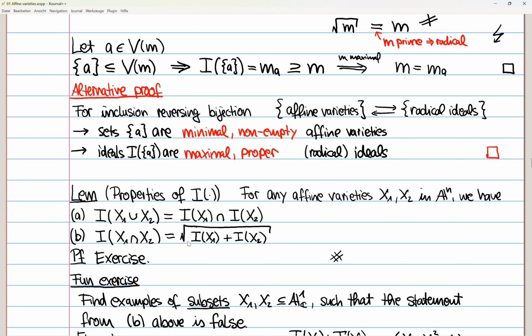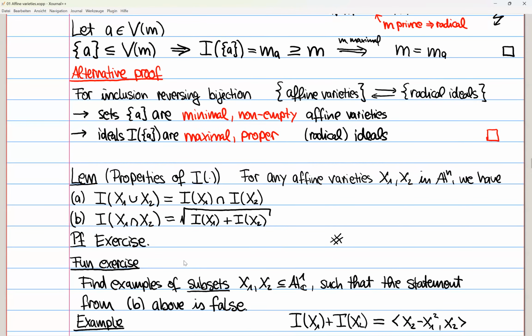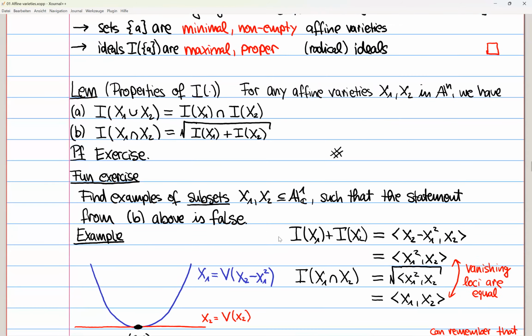And the fact that this is possible tells you that, at least for this part B, it's important to use that x1 and x2 are indeed affine varieties. So it also gives you a bit of a hint how you can approach this exercise before.